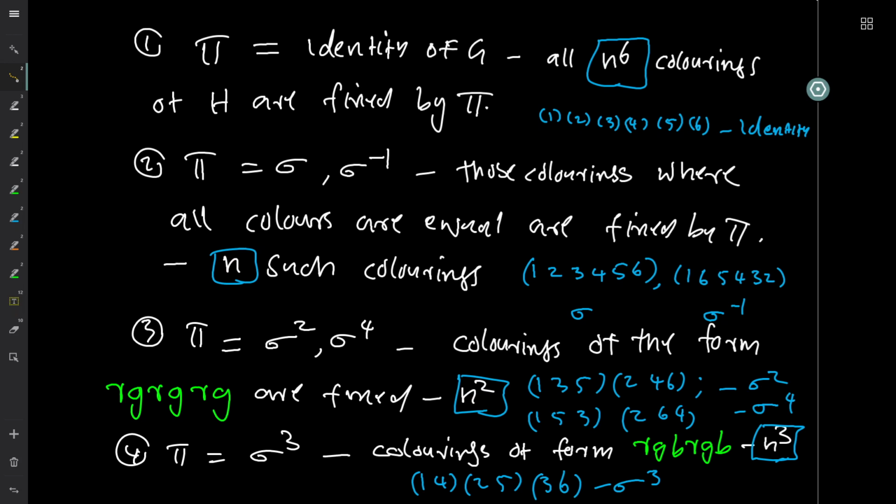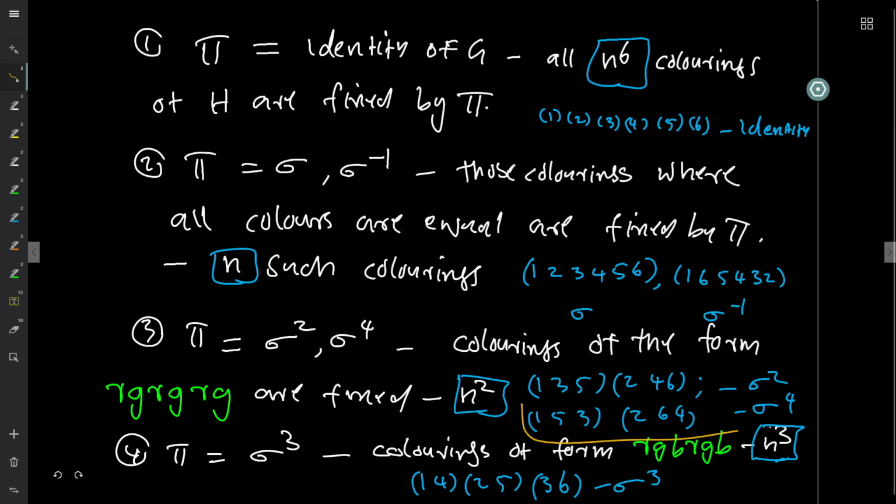So therefore, such colorings will be all fixed by sigma square. But how many are there? Well, I can choose any two colorings for the first two elements. Then we know that the remaining must be all based on this. So therefore, I have n into n square possible colorings, and in n square of these colorings, this sigma square will be fixing each of them.